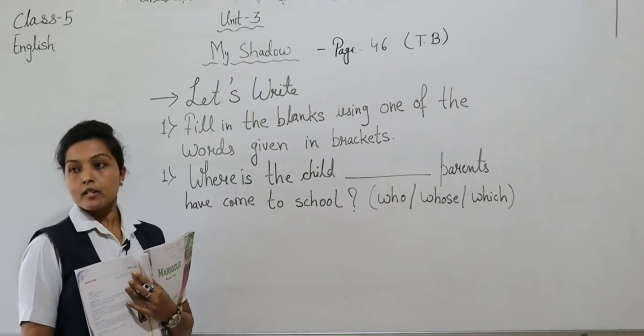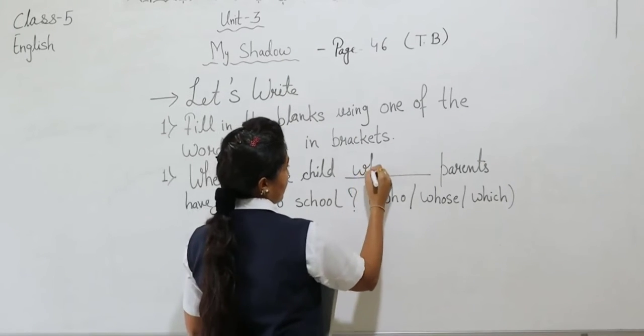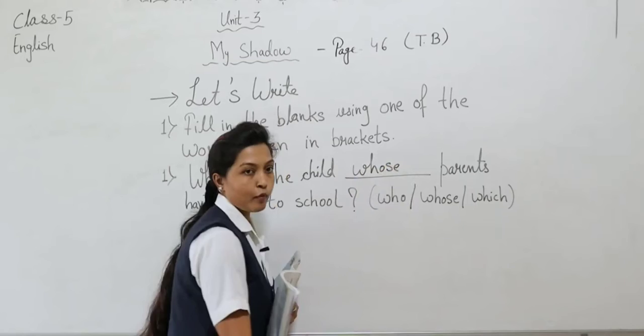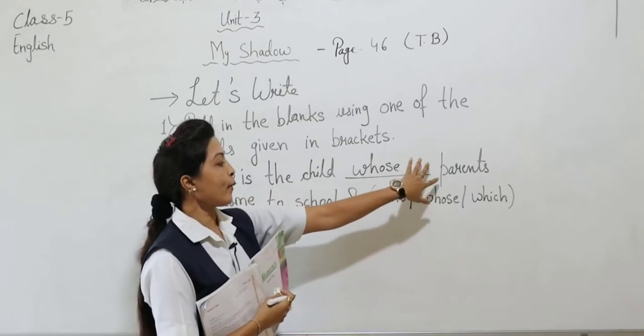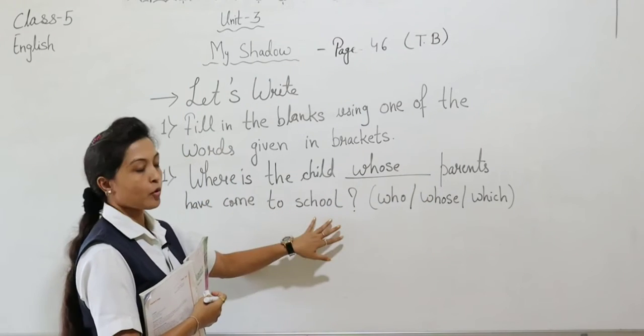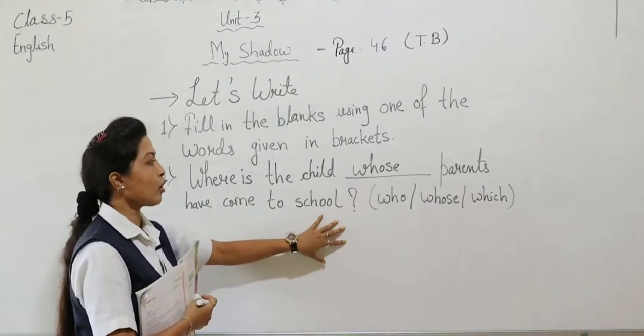Three options are given: who, whose, and which. What is our answer? Our answer is whose. If I read the sentence as 'where is the child who parents have come to school', is it grammatically right? No, it's not right.